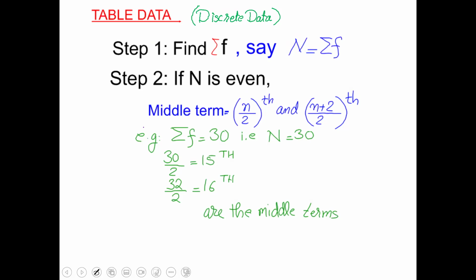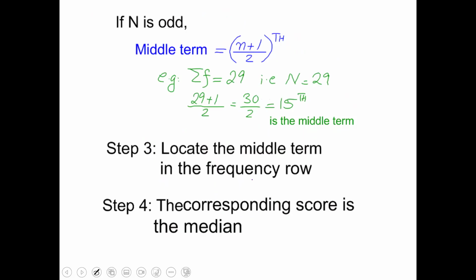Whenever there is an even total, there are two middles. So you take 30, divide by 2, and take n/2 and n/2 plus 1, so you have two middle terms, 15 and 16. When the number is odd, you find n plus 1 upon 2. So the middle term is 15.